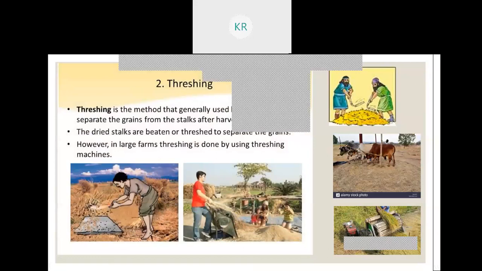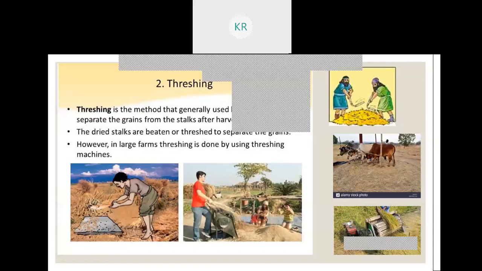Threshing is the process of separating grains from the harvested stalks. After harvesting the wheat and rice crop, the grains are separated from the stalks, and this is done by threshing. It can be done by hands, as you can see in the picture. It can be done by animals and by machines also. So this is the process of threshing.